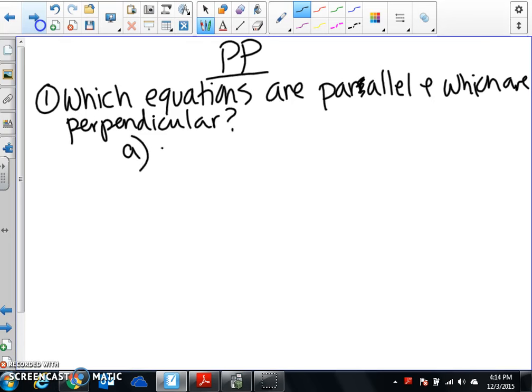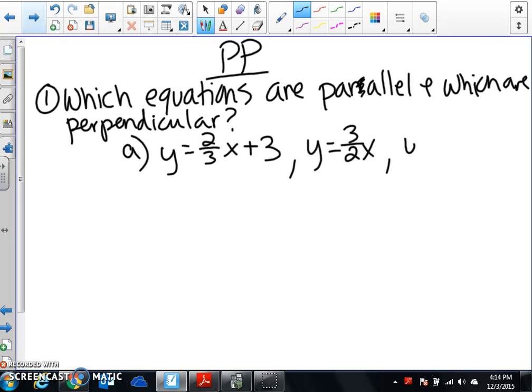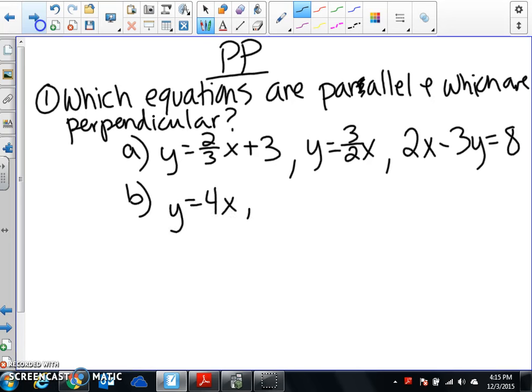All right, here's the first set. y equals 2/3 x plus 3, y equals 3/2 x, and then 2x minus 3y equals 8. All right, here's B. y equals 4x, x plus 4y equals 12, and 4x plus y equals 1.